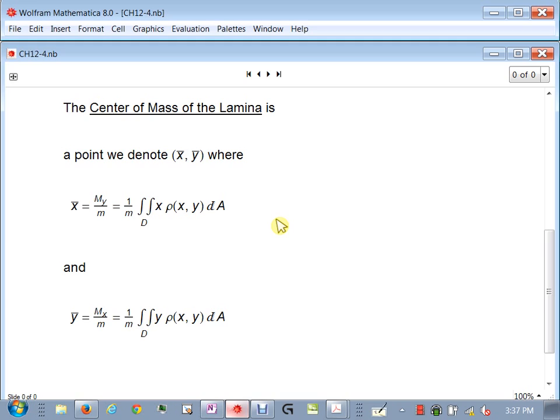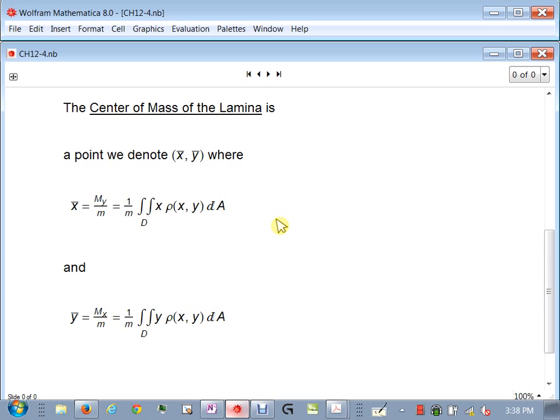So why is it that, if we had a two-dimensional lamina, we would want to find its mass and center of mass? What's one reason why we might like to do that? Like in physics, when you're studying the way certain objects move, do you get into all the technicalities of the weird shape of the object in basic beginning physics, or do you just look at it as a point?